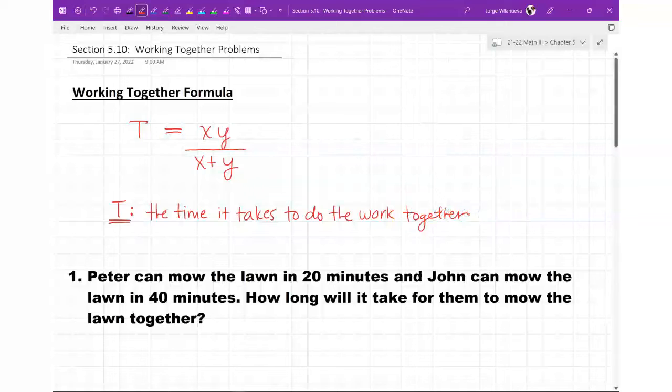X is the time it takes for one person, and y is the time it takes for the other person.